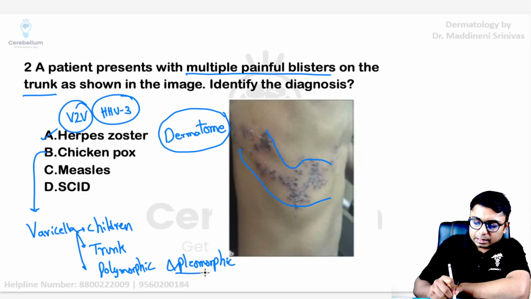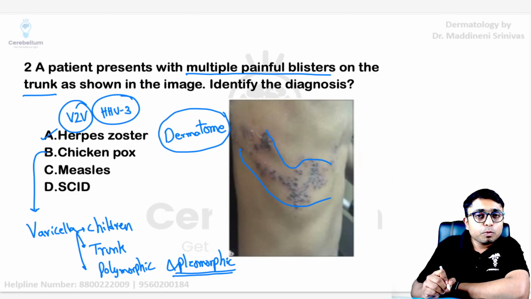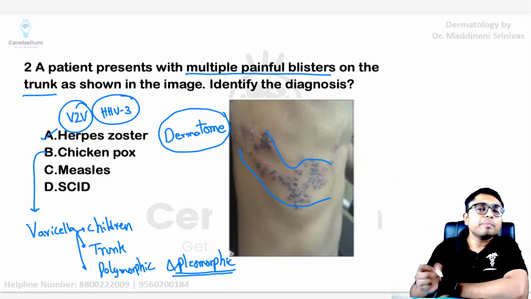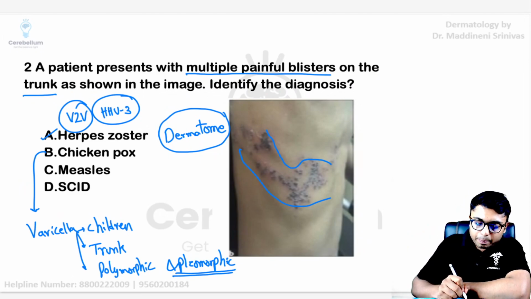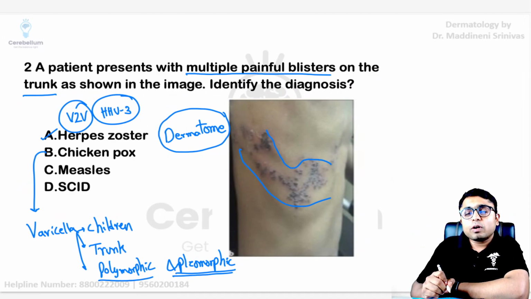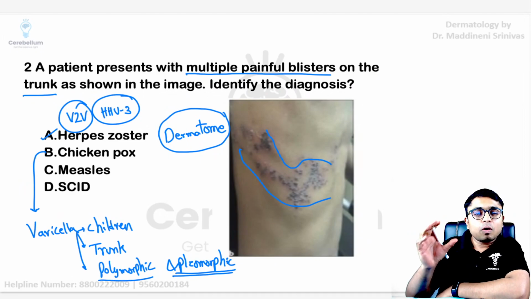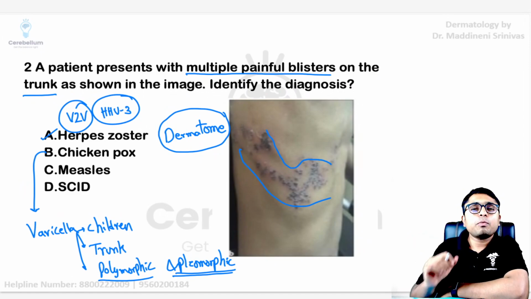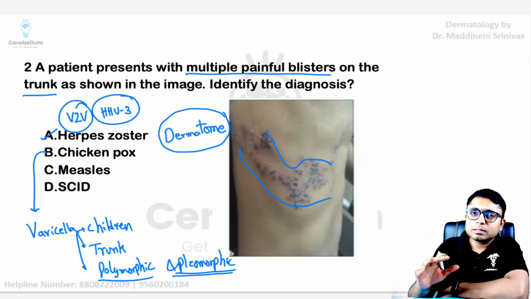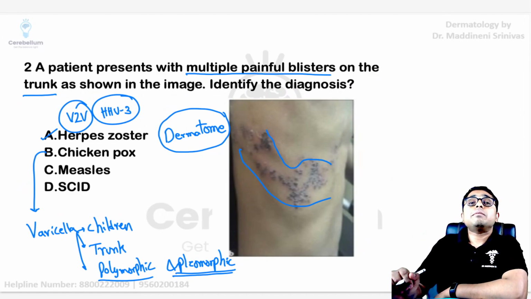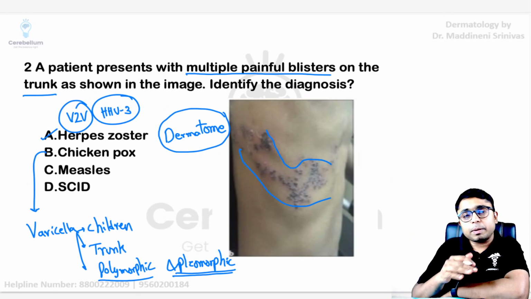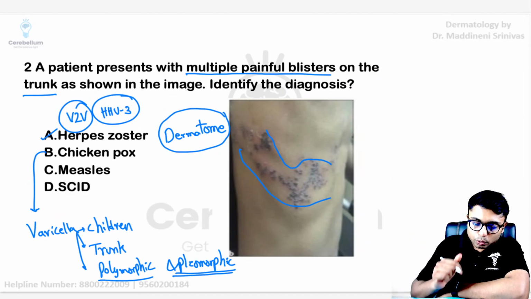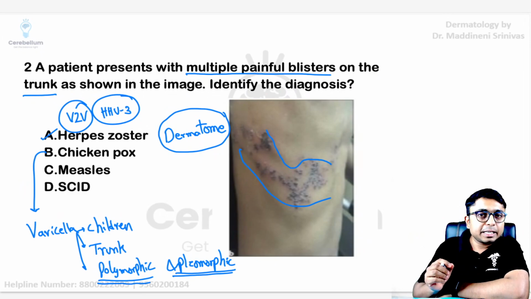So this is called pleomorphism and it is characteristic of chickenpox. And it is called polymorphic because on the child at a given point of time, there will be so many types of lesions. There will be vesicles, crusts, papules, macules. So this is the reason why they are described as polymorphic and pleomorphic.